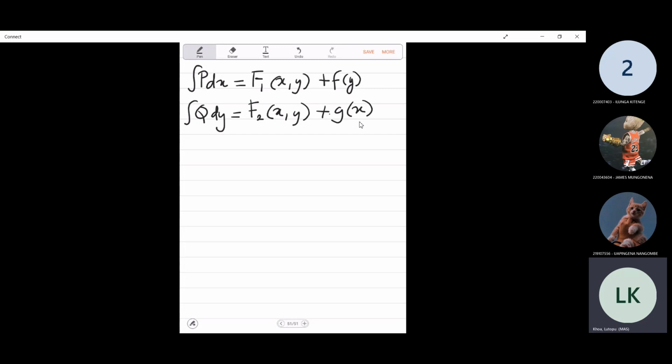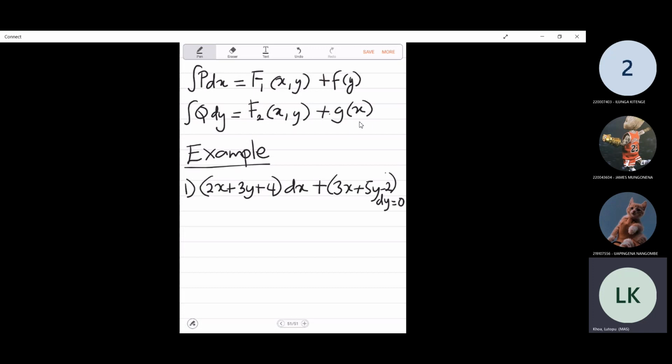So let's look at an example. So we have number 1: (2x plus 3y plus 4) dx plus (3x plus 5y minus 2) dy is equal to 0.